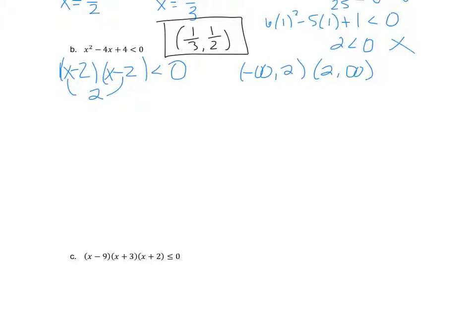I'm going to choose dummy numbers to plug in. For the left interval, I'm going to choose 0. For the right interval, I'm going to choose 3. So those are the numbers that I'm going to be plugging into this.